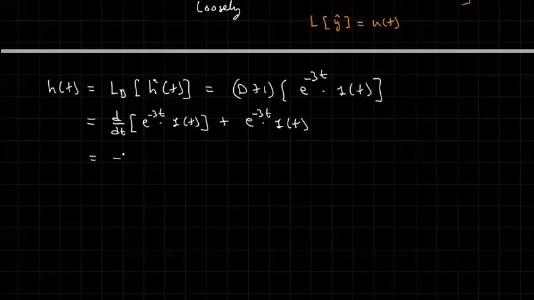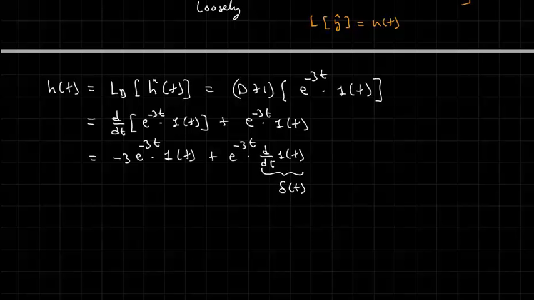So it will be minus 3 e to the minus 3t times the unit step plus e to the minus 3t times the derivative of the unit step. The derivative of the unit step is the impulse. And we'll have plus e to the minus 3t times the unit step.